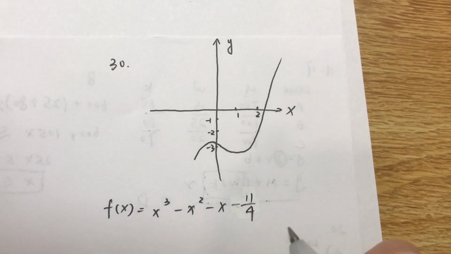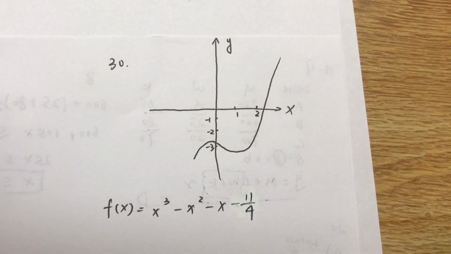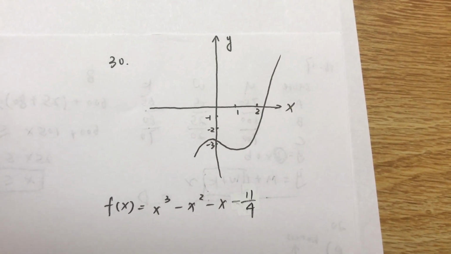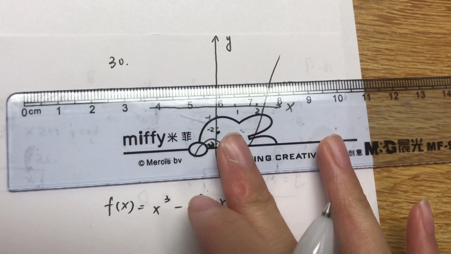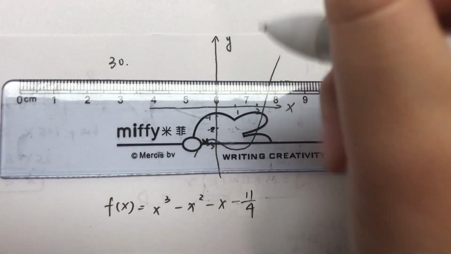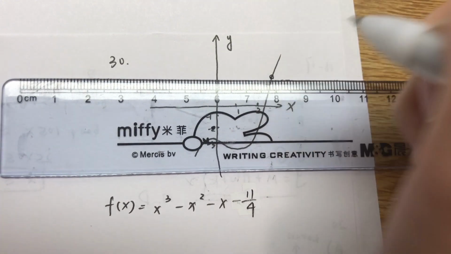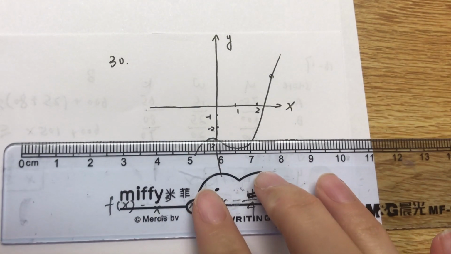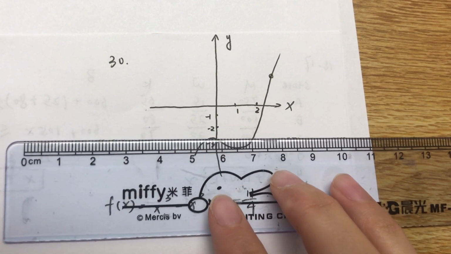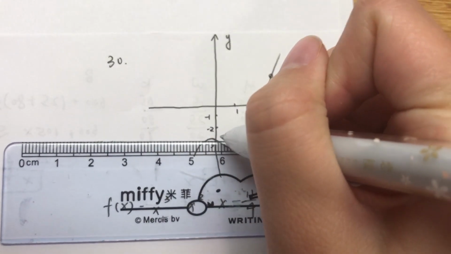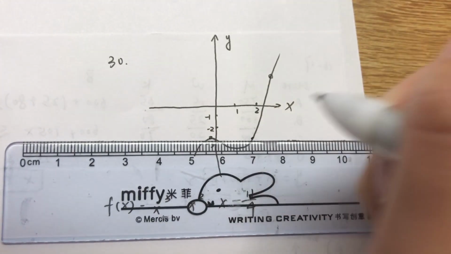So if we want 3 solutions, we draw a horizontal line across the graph of this function. If the line is here, there is only one solution. If the line is here, we have 2 solutions, here and here.